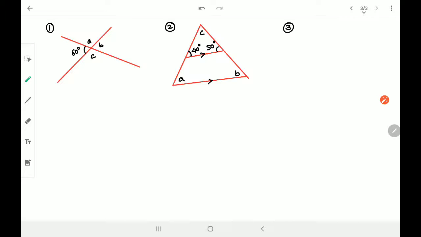Third question. For the third one, I will go for another diagram like this. Fine. And if I give you these angles, like this angle is 30 degrees, and you have to find A, B and C. All different types of angles these are.